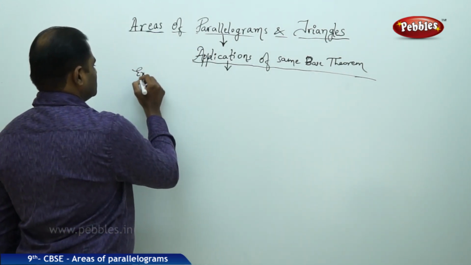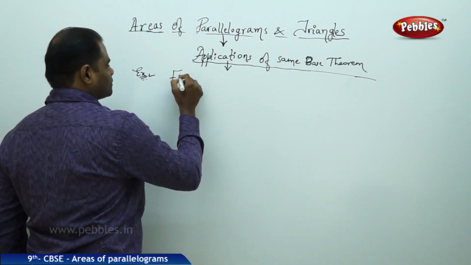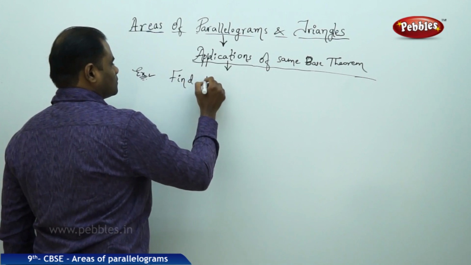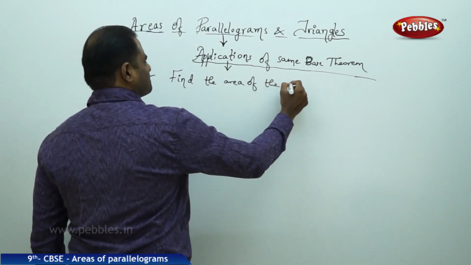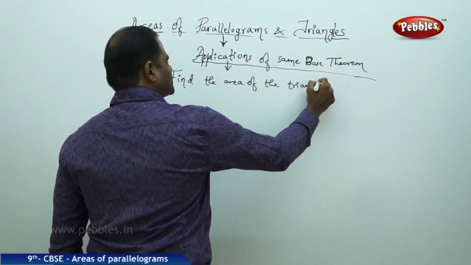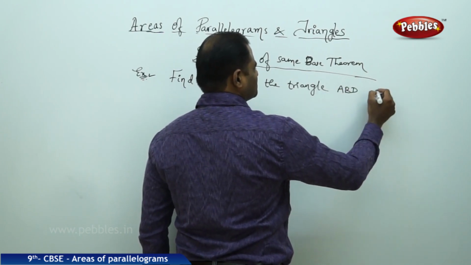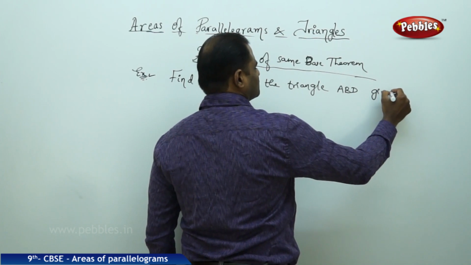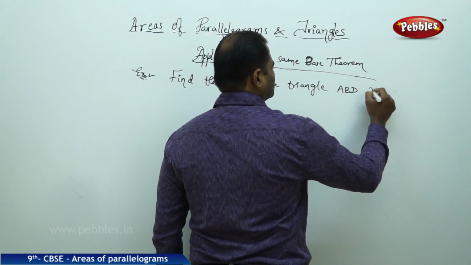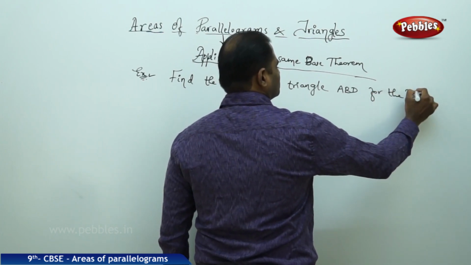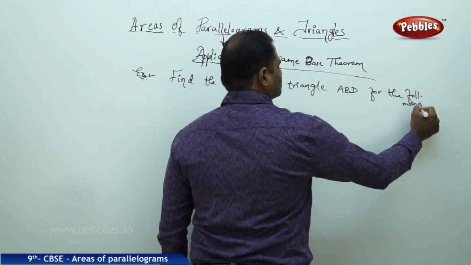So here my question comes: find the area of the triangle ABD for the following diagram.